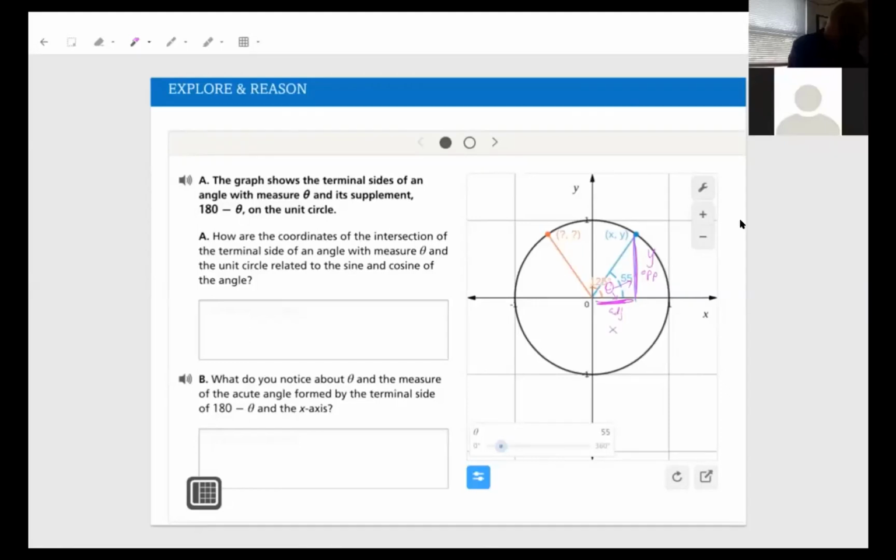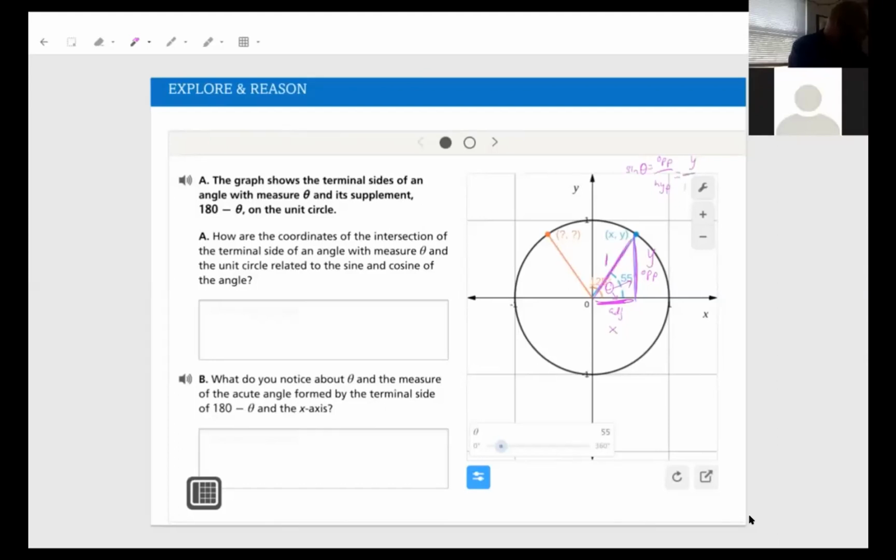So we know from the first lesson that the sine of some angle is equal to the opposite side over the hypotenuse. On our triangle right now, the opposite side is y. And because this is a triangle inside the unit circle, this radius right here, this hypotenuse length, is 1.